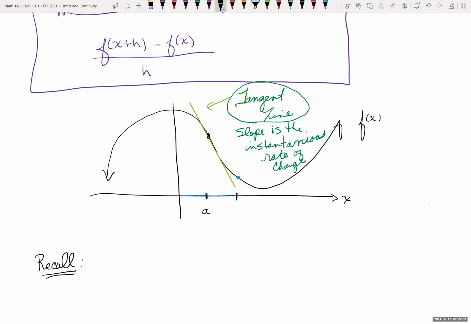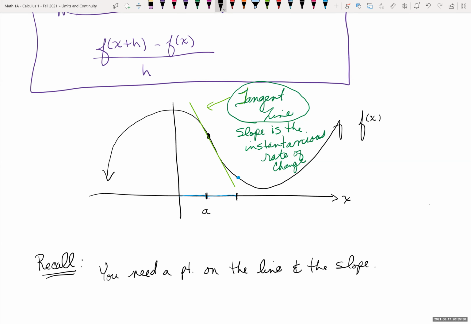You need a point on the line, and you need the slope. And if you're not given those two things, you're always going to be able to find those two things.